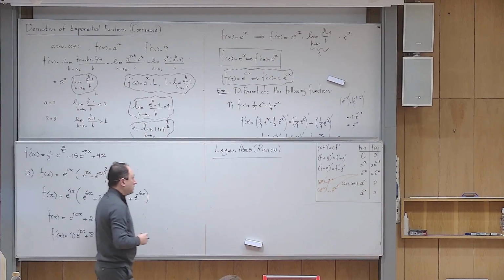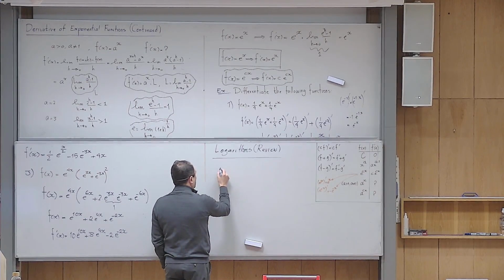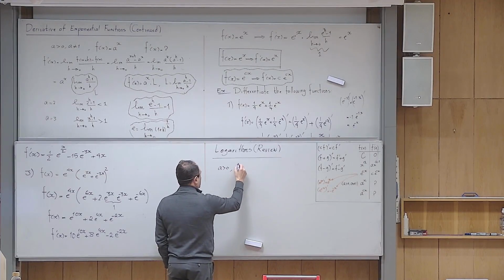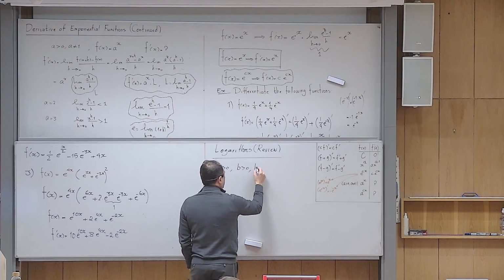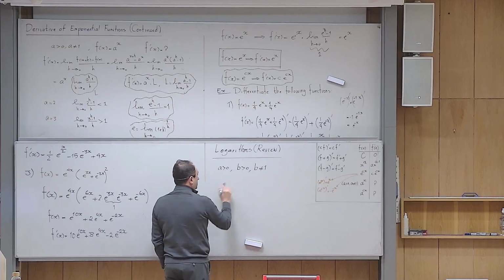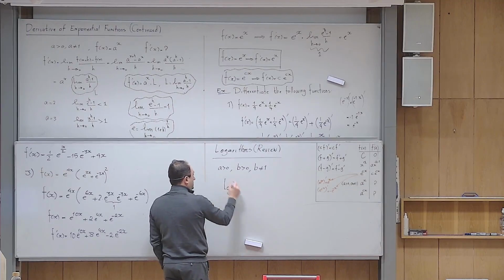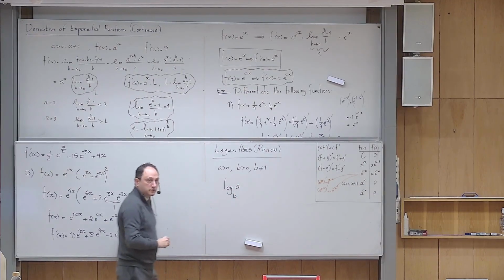So what is a logarithm? So assume that you have a number a, which is positive, and you have a number b, which is also positive, but this b should not be equal to 1. Okay, under these circumstances, we can talk about logarithm of this number a to the base b. Yes?